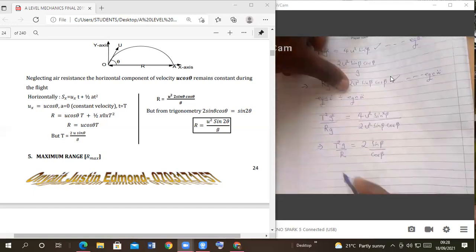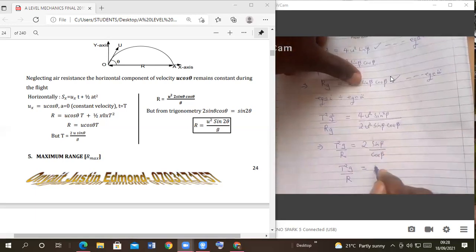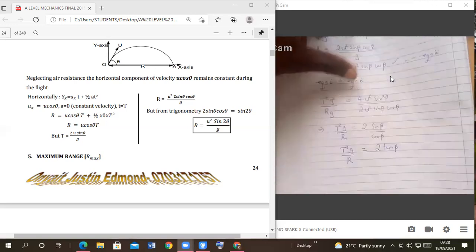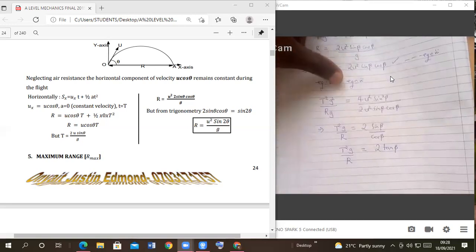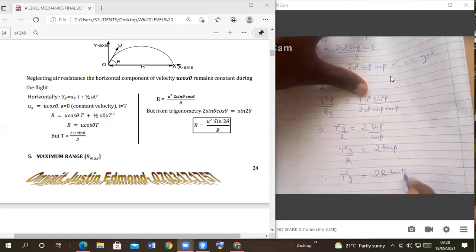That is tan, so t squared g over r equals 2 tan beta. Now to make it the way they want, we cross multiply: t squared equals 2r tan beta.